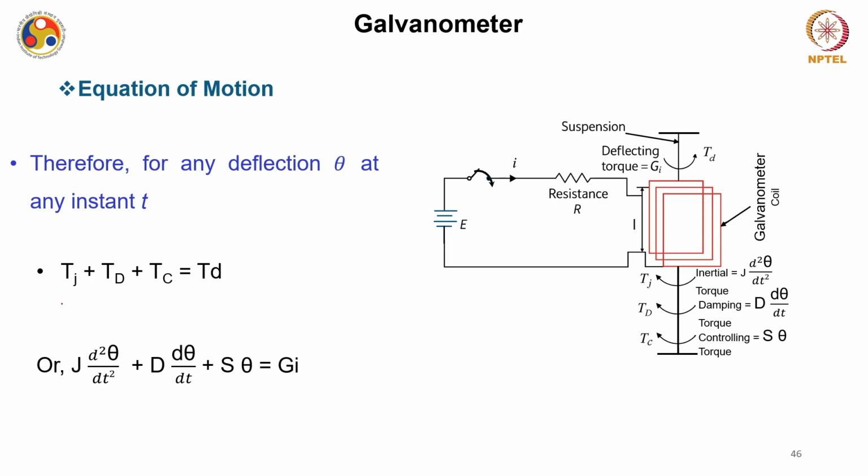So if you equate this Td with the summation of the other 3, Tj, Td and Tc, you have Gi equal to S theta, or say k theta, plus d dtheta by dt plus j d2 theta by dt square.